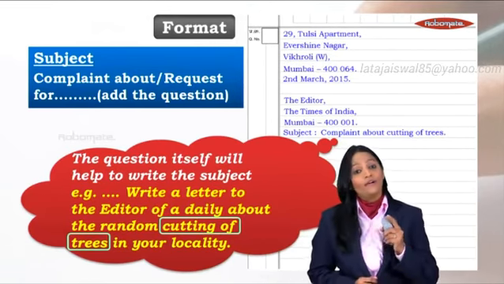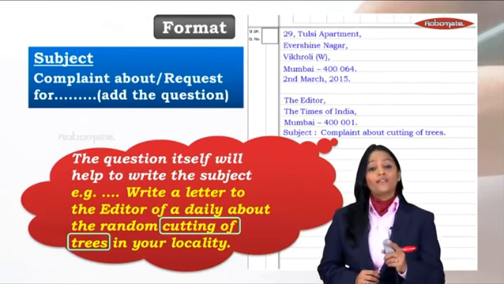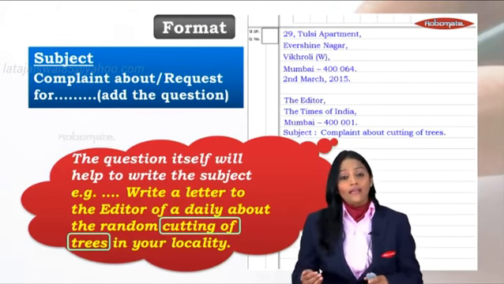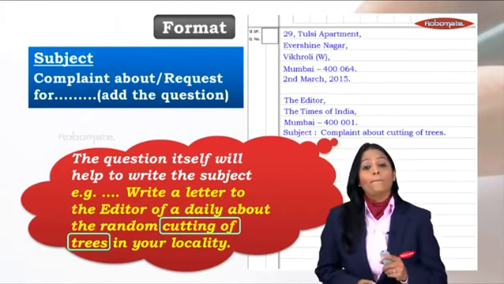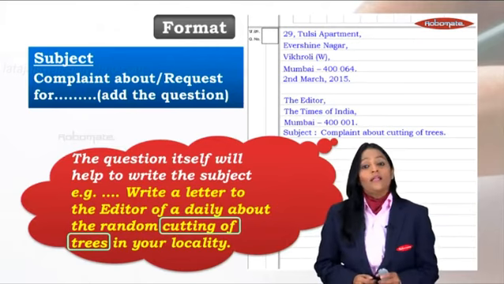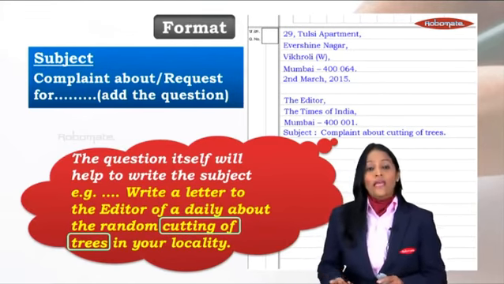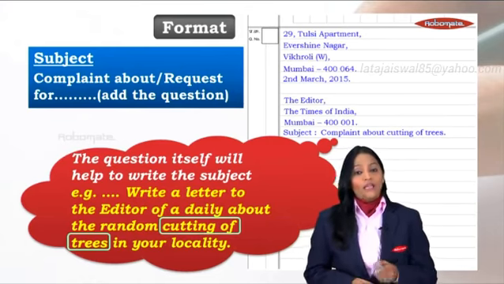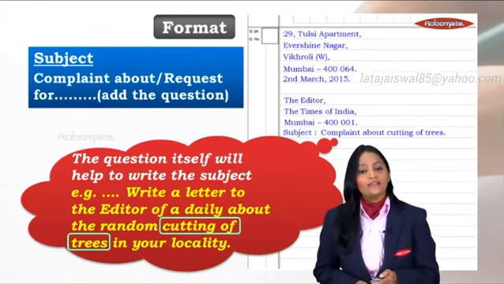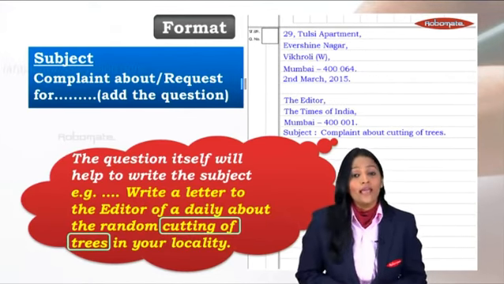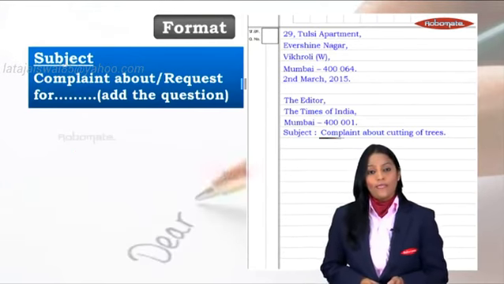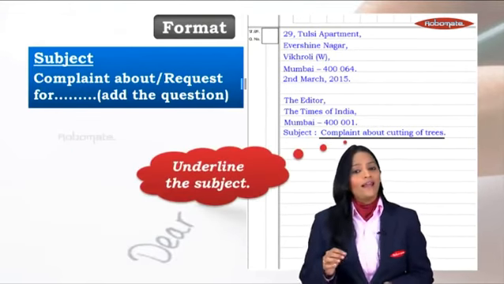You will not write the verb form. So you will not say to complain or complaining or complain. You will say complaint. Okay, similarly, request. It is not requesting or to request. In this case, it's a complaint. Now, cutting of trees, you can see that that's the topic and that's what you have written there in the subject to build it up. Very important, underline the subject.